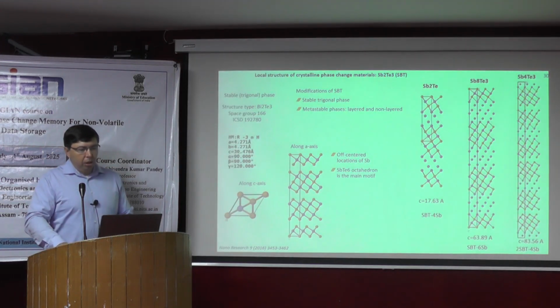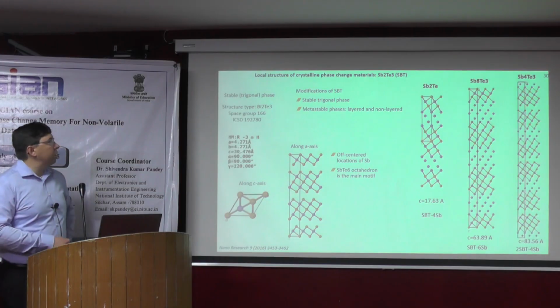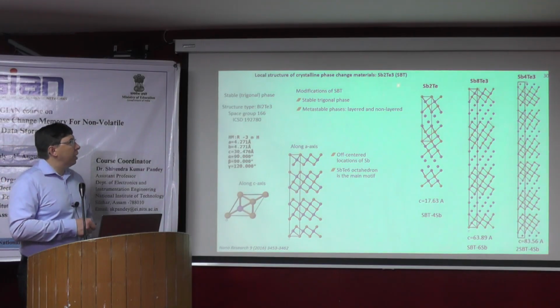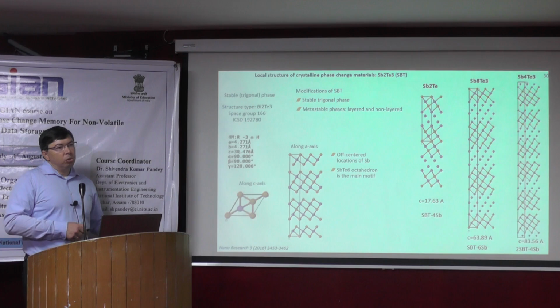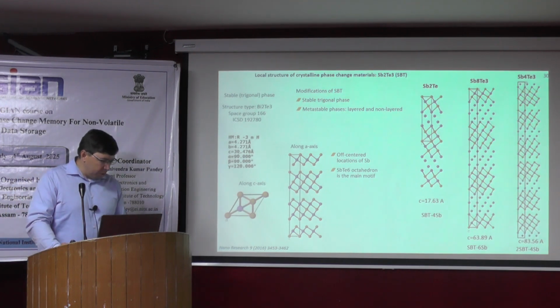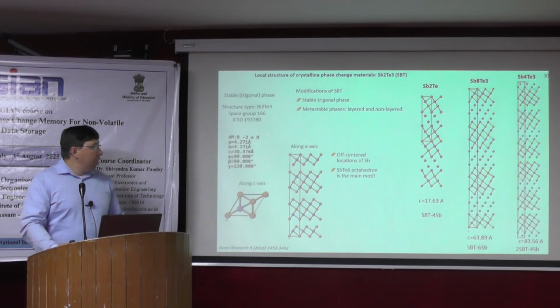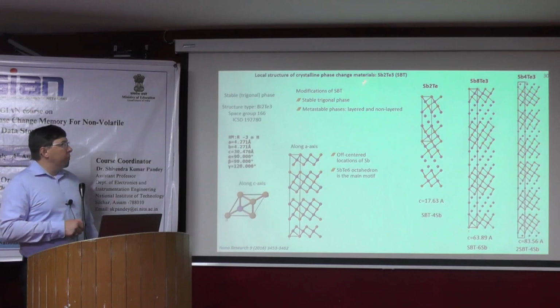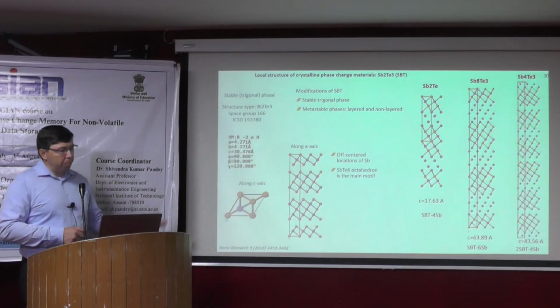Now also to a very famous phase change material, antimony telluride, but it's not so famous in the phase change community. It's also famous in the community of people who are doing thermoelectrics or who are preparing spintronics.